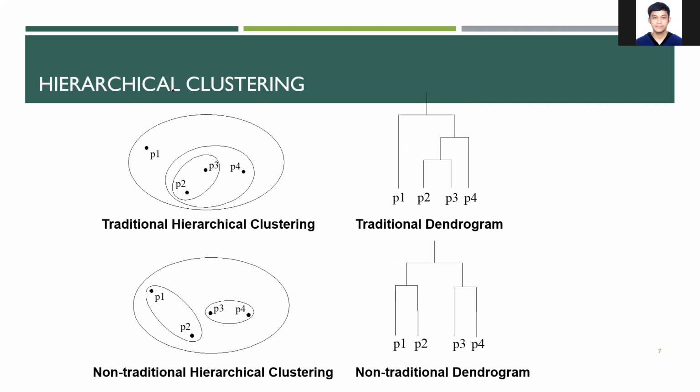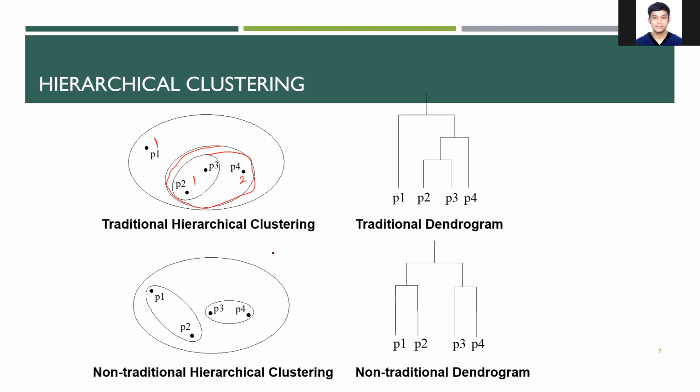But in hierarchical clustering, for example, P2 and P3 may be in one cluster, P4 in a different cluster, and P1 in another. But at the next level, P2, P3, and P4 form a cluster, and P2 and P3 are a subset of the cluster P2, P3, and P4. So this is hierarchical.